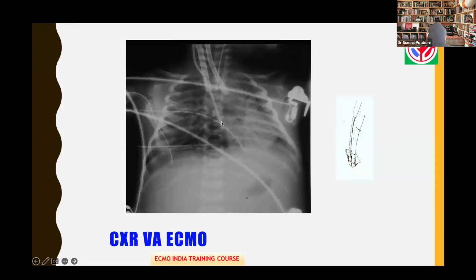On the right side you are seeing the venous cannula here, and the left side is the arterial cannula there.